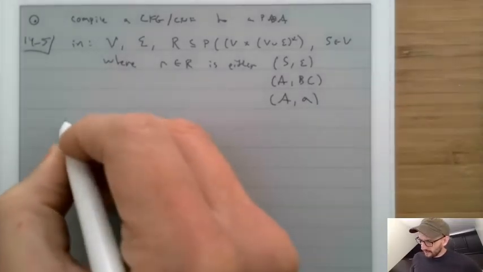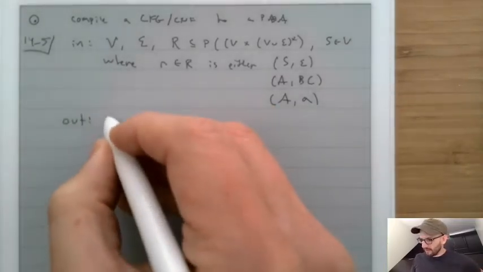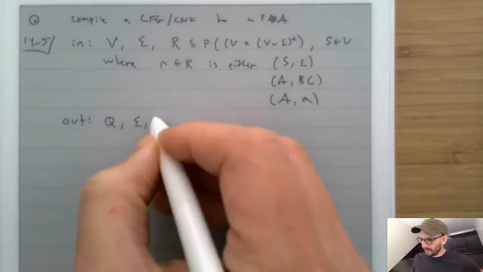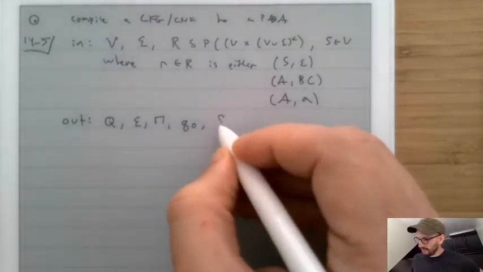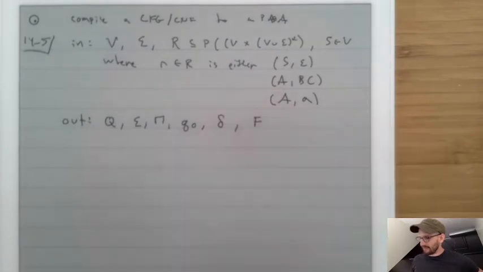Now our output is going to be Q, sigma, gamma, Q0, delta, and F. All right, now let's talk about what each one of those pieces are.